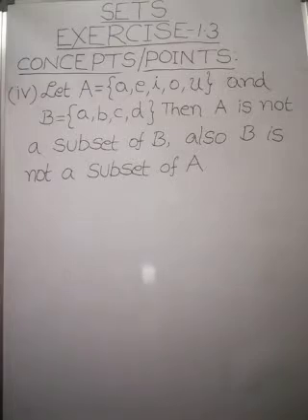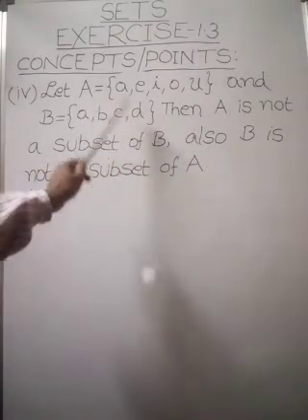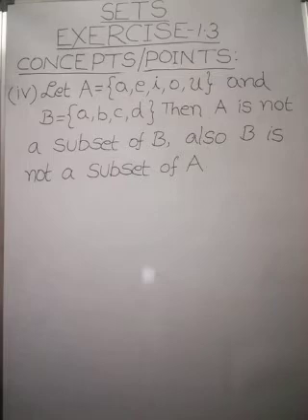Every element in the set should be an element in the second set. Then we can say that the first set is a subset of the second set. Similarly, every element in the set B is not an element in the set A. That is why here the set B is also not a subset of set A. Understood, my dear children? Right.